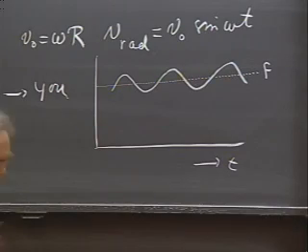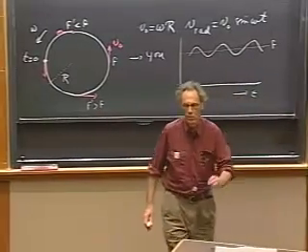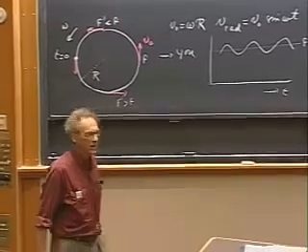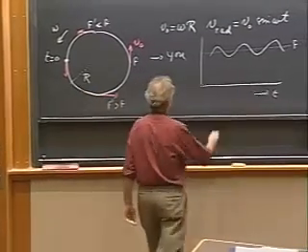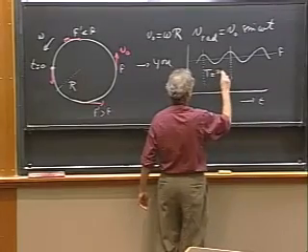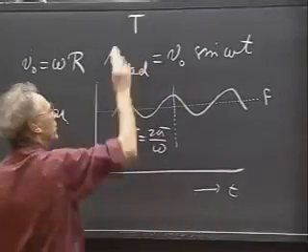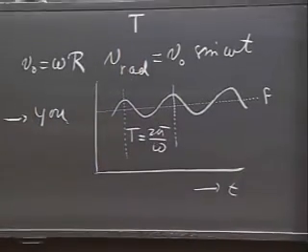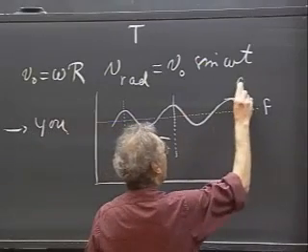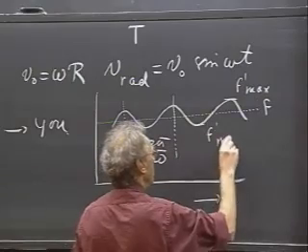And now you can ask yourself the question, what do you learn from this? And it is amazing what you learn from this. You can close your eyes and just record this sound signal as a function of time. The first thing that you learn from it is the period T, which is 2 pi divided by omega. So you know the period of rotation, you know omega. But you also record what f prime maximum is, and you also record f prime minimum.